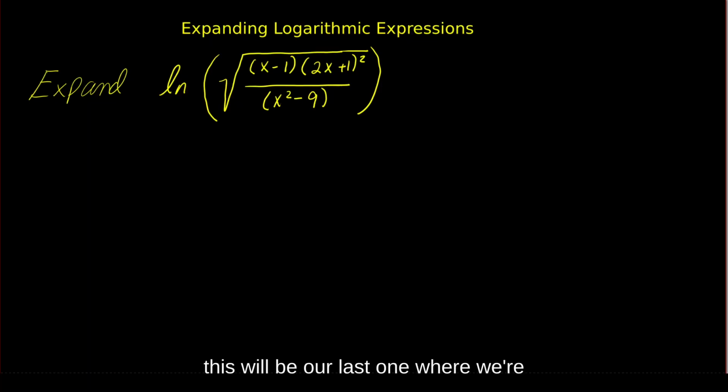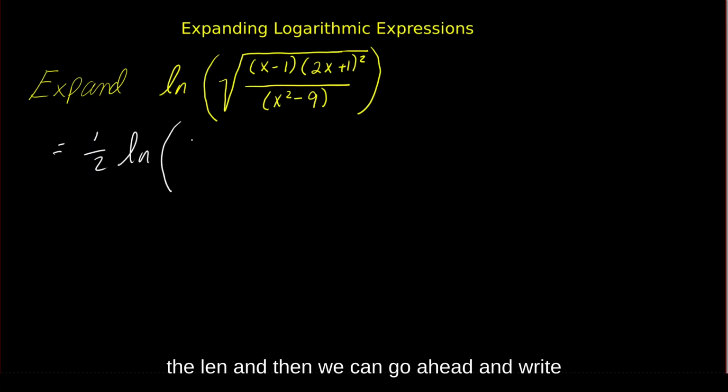Okay, this will be our last one where we're showing examples of expanding logarithmic expressions. All right, so here we have natural log and a bunch of stuff under a radical sign. So the first thing I would do is get rid of the radical. I'm going to say that this would be 1/2 the ln, and then we can go ahead and write all this out.